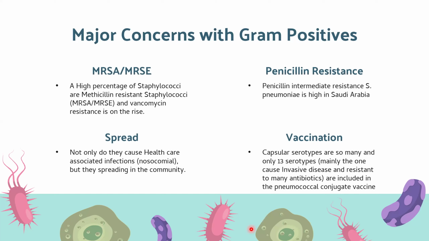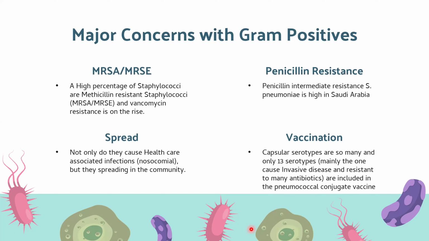Not only is resistance on the rise, but so is the spread of infection. We used to only really see those gram-positives in healthcare-associated or nosocomial infections, but now they're spread all over in the community. How many people have experienced strep throat? I know I have a thousand times, right? Last but not least is vaccination.